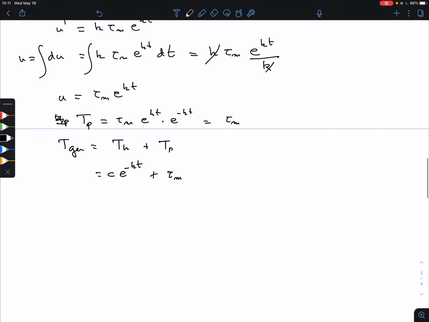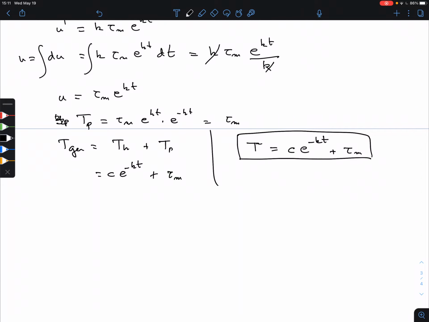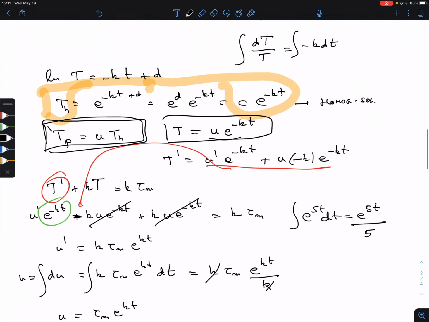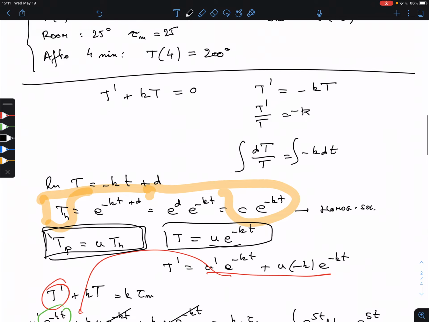Okay, so let me write it down now without the subscripts anymore. I hope you don't get too confused by that. When I use these subscripts, it's temporarily to tell me it's a different version of t that I'm looking at in this particular calculation. But in the end, it's the actual T that I want to calculate, and so we find that this is the general solution of the cooling equation. So we actually solved the cooling equation in general.